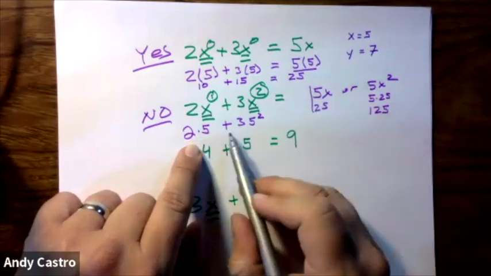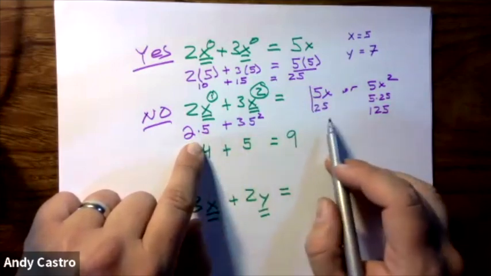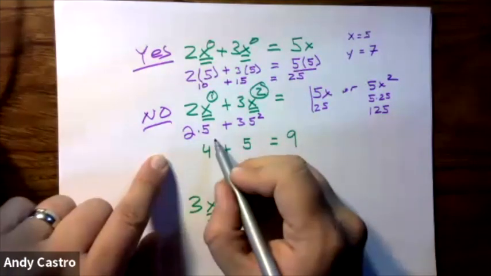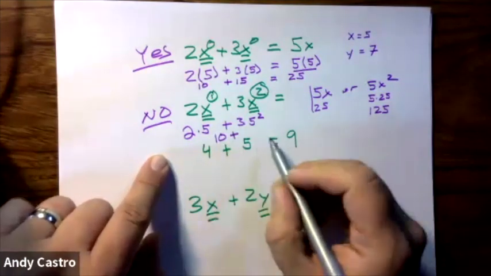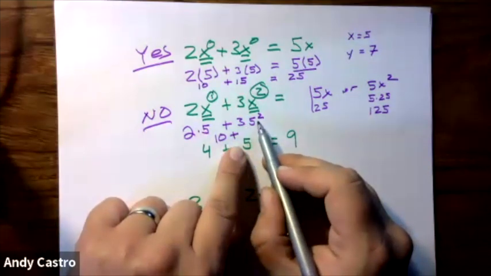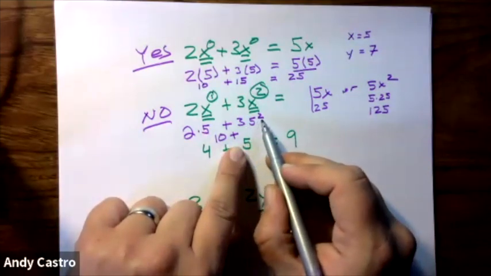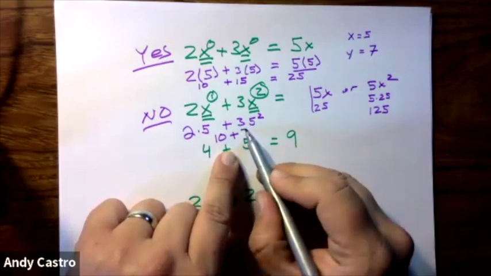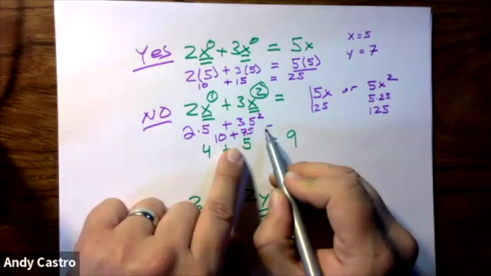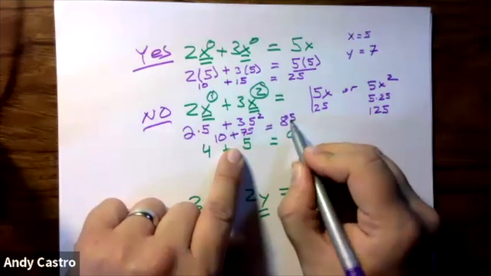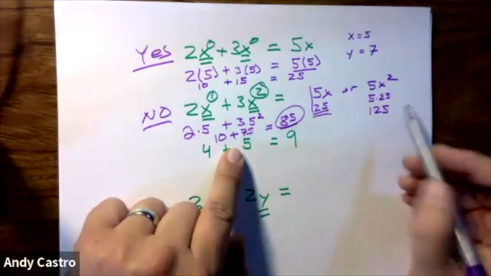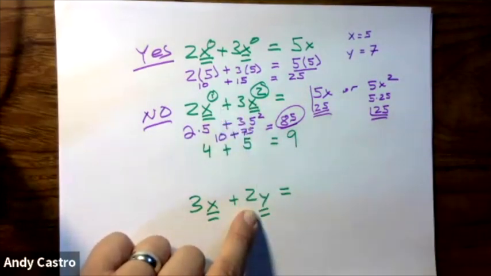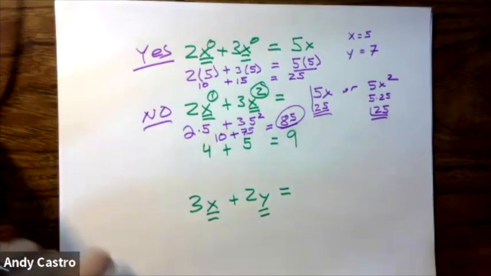So let's see if what we have down here equals either one of these two numbers. 2 times 5 is 10, plus 3 times 5 squared. 5 squared is 25, and 25 times 3 is 75. 75 plus 10 is 85. 85 is not 25 and not 125. So definitely can't combine those. We just proved that to ourselves.